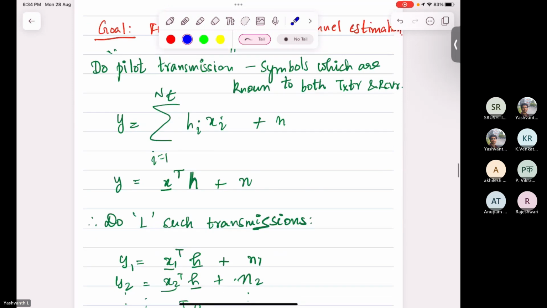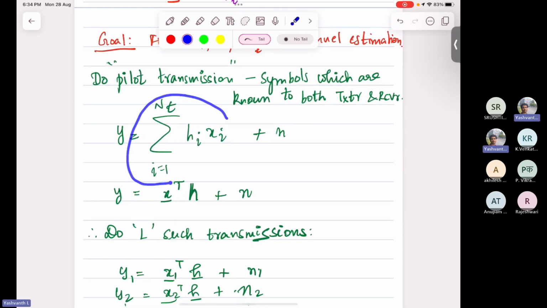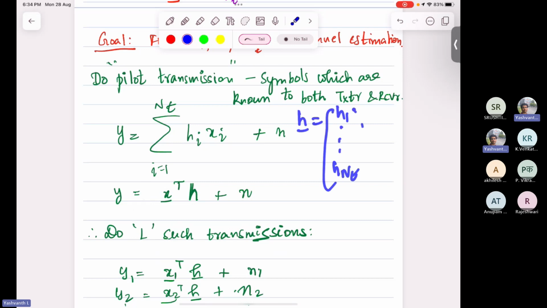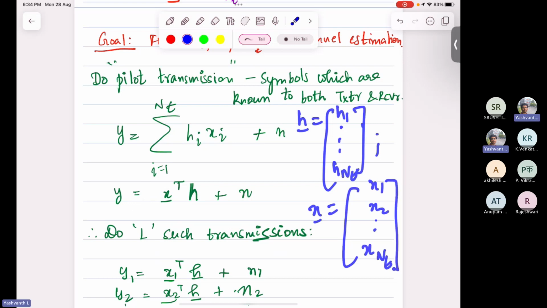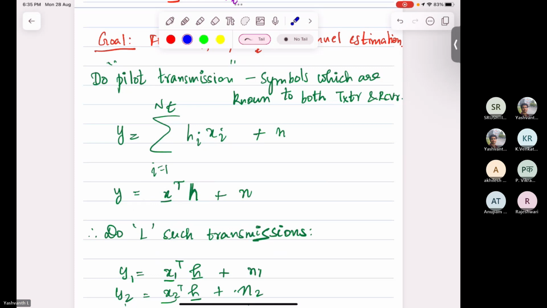Now you can write this as an inner product of the two vectors x and h, where h is basically a collection of all the entries of h, and similarly x is x1 and so on to x_nt. If you define h and x like this, it is the inner product: h transpose x plus n is equal to y.